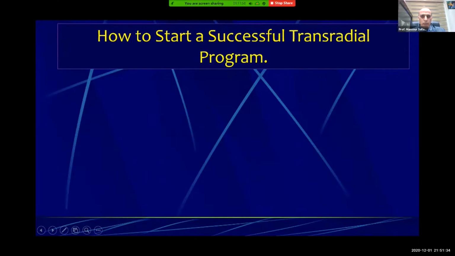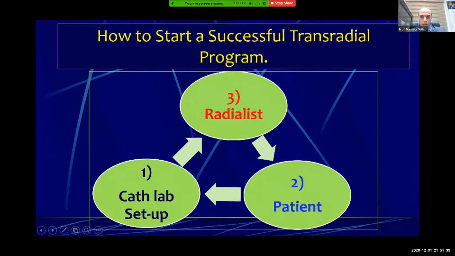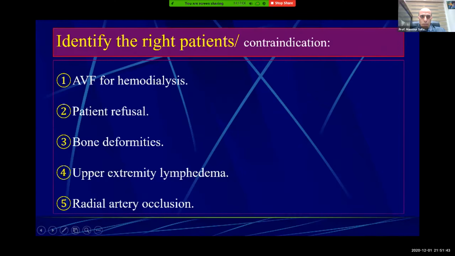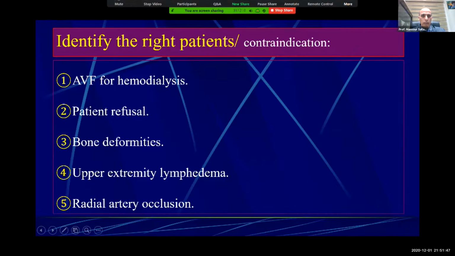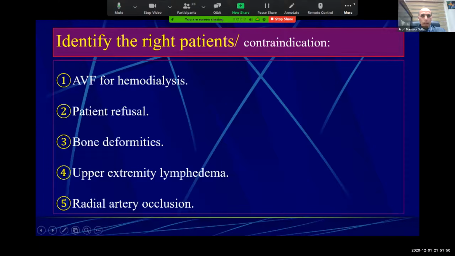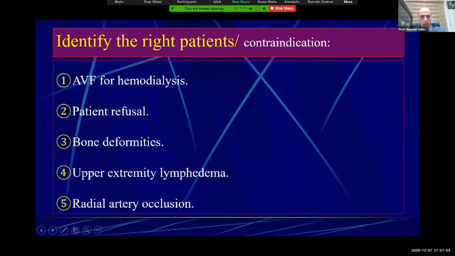So the second pillar or second milestone to have a successful Trans-Radial procedure is proper preparation of your patient. First of all, you have to know the contraindications to proceeding with the radial approach. One of the most important is having an arteriovenous fistula for hemodialysis or a plan to get one.